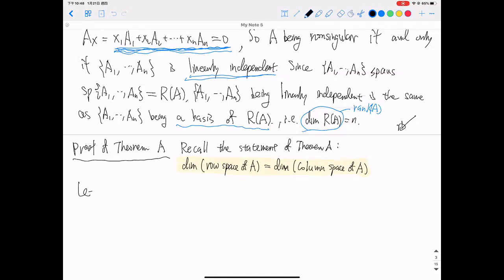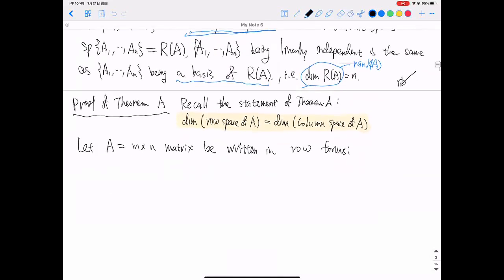So let A be our m by n matrix and let it be written in row form. What does this mean?